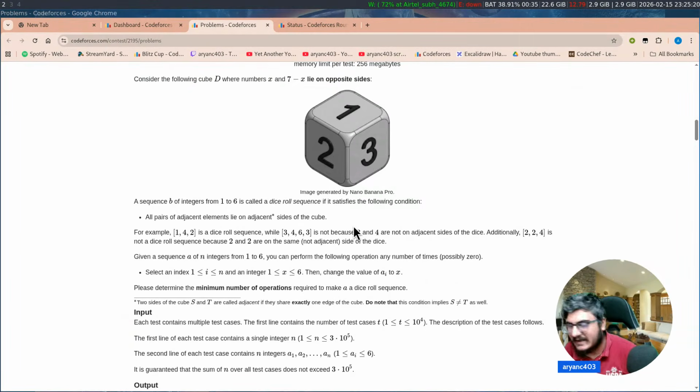I ended up doing DP, but it's a C problem, so I don't think DP is expected here. Any greedy ideas anyone has on problem C?